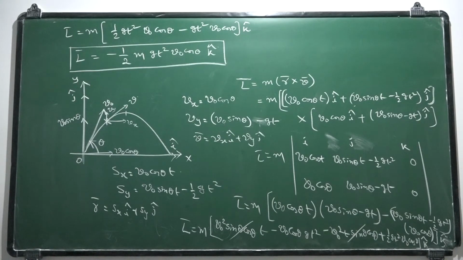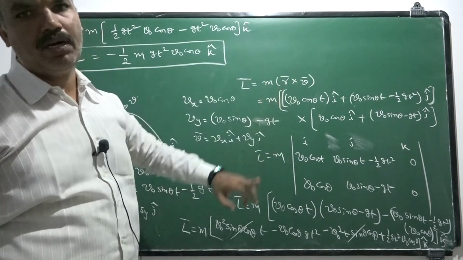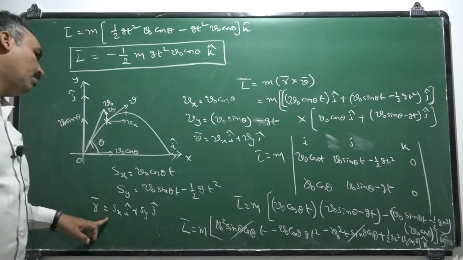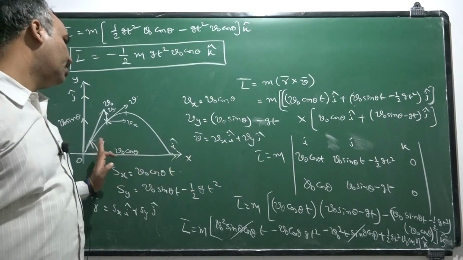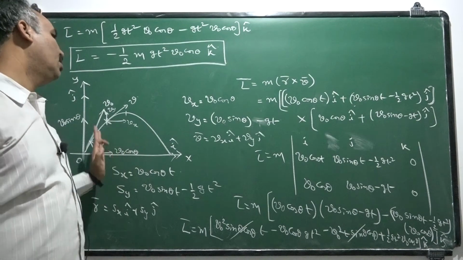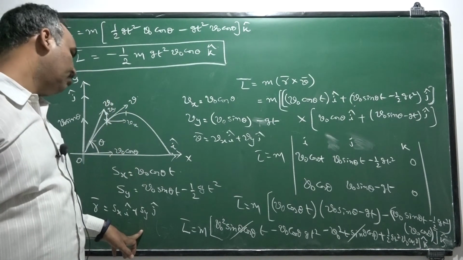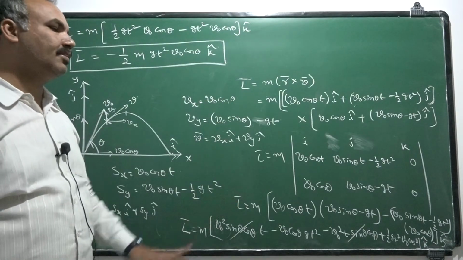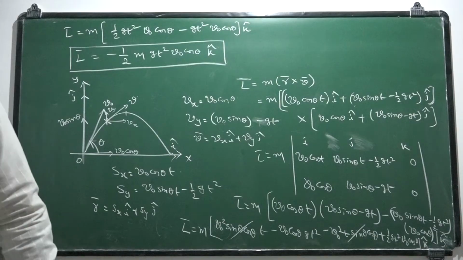Angular momentum equation is given by M into R bar cross V bar. I tried myself to find out R bar and V bar: in horizontal direction uniform motion, in vertical direction uniformly accelerated motion. So by substituting them, I got the result like this. I hope everybody understood what I discussed here. Thank you.